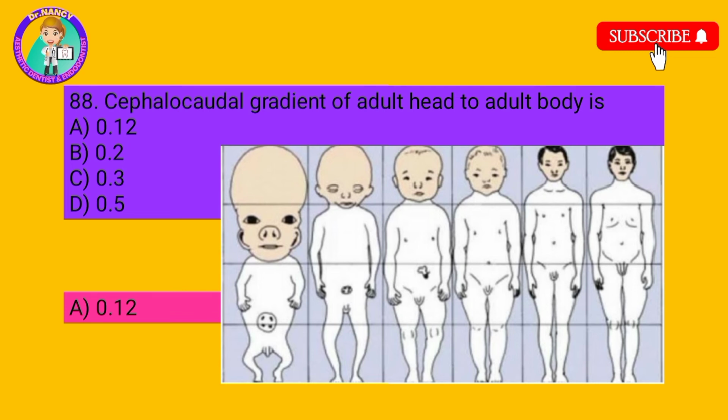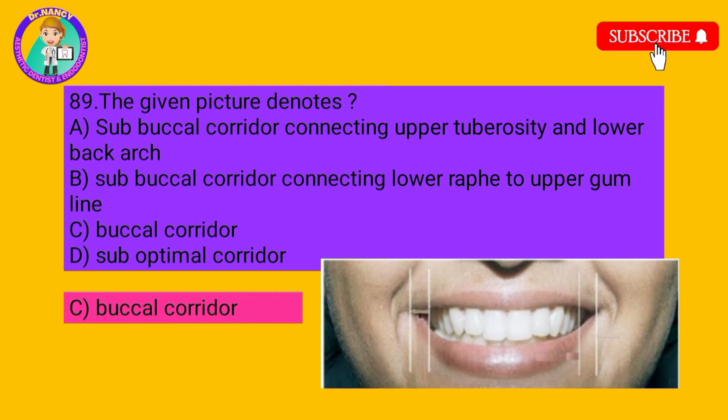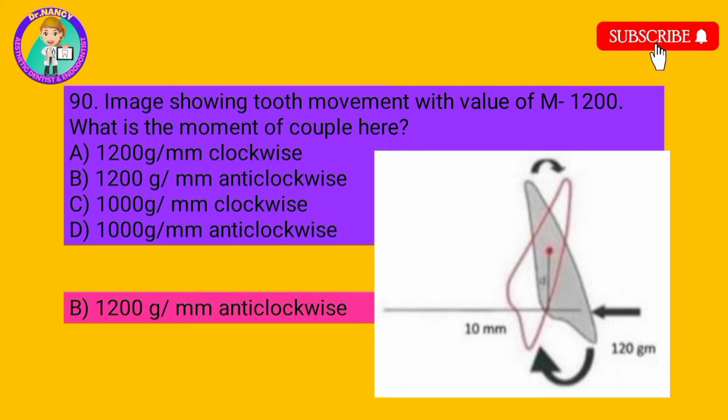Answer: 0.12. The given picture denotes subbuccal corridor connecting upper tuberosity and lower back arch, subbuccal corridor connecting the lower raphe to upper gum line, buccal corridor, suboptimal corridor. Answer: buccal corridor. Image showing tooth movement with value of moment 1200.